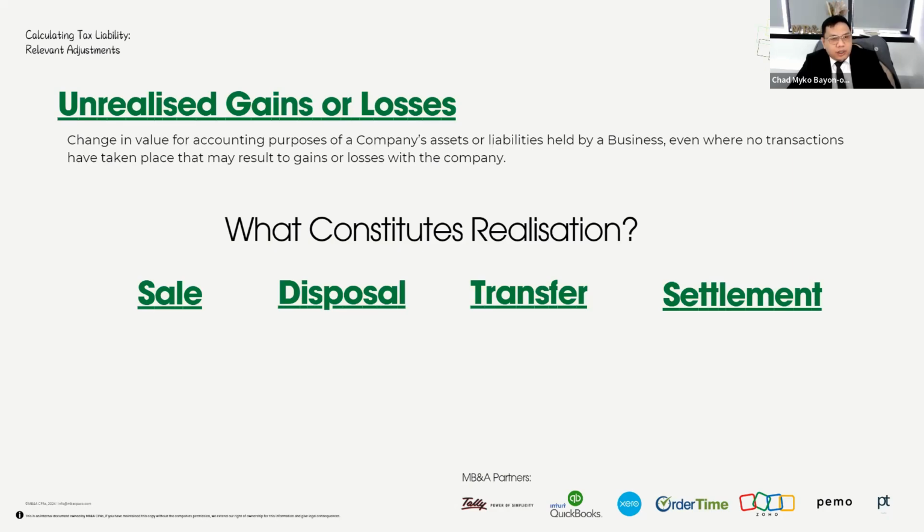So what do we mean by this? Normally when you're applying the accrual basis of accounting, the process is you determine the fair value of your assets. For example, investment properties.